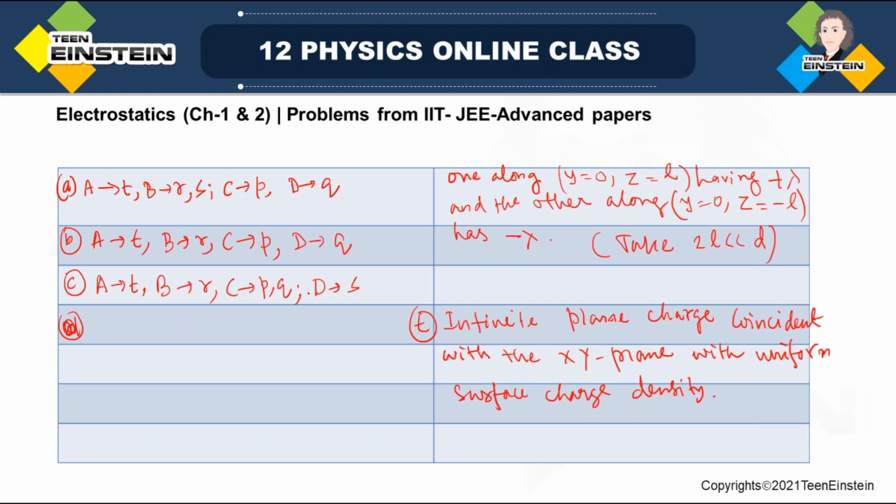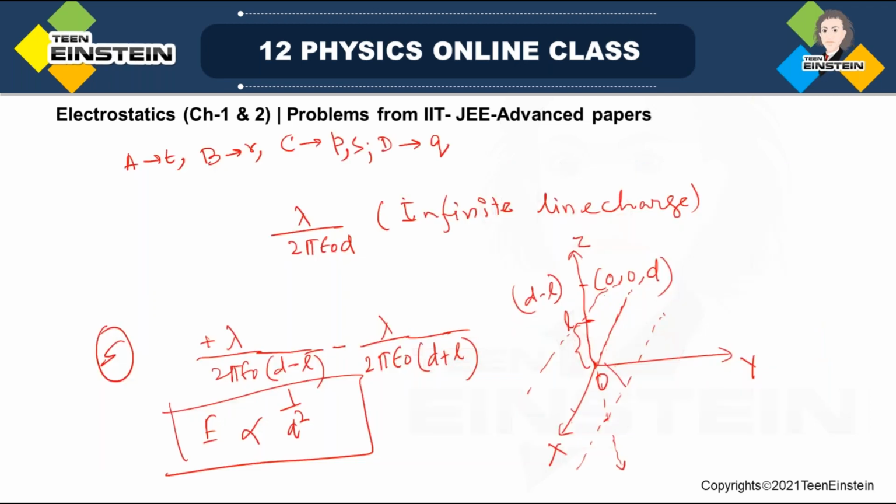Yes, actually the option B has C, P and S. So option B will be the correct answer here. So A to T, B to R, C to P and S, and D to Q. So it will be option B. Option B will be the correct answer for this question.